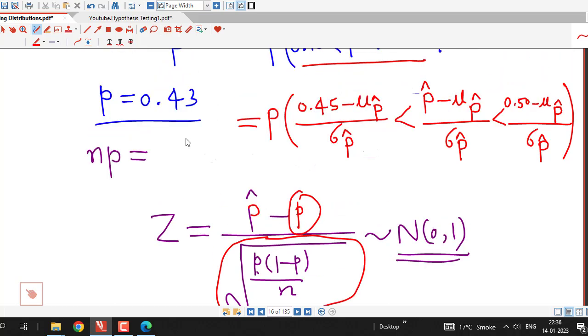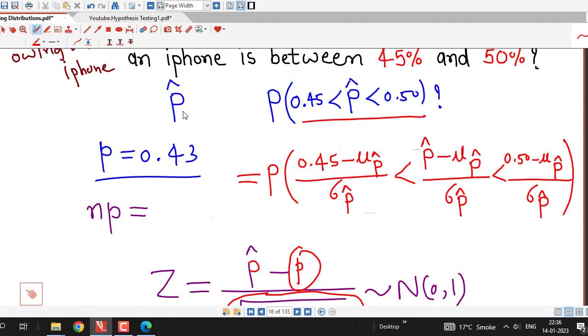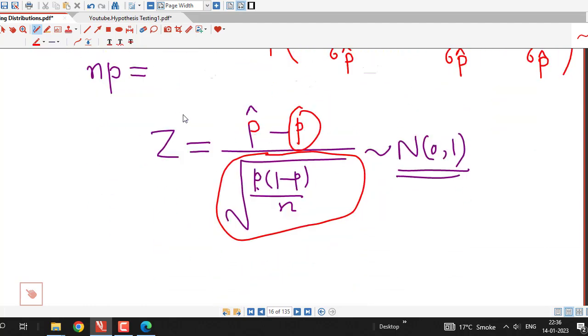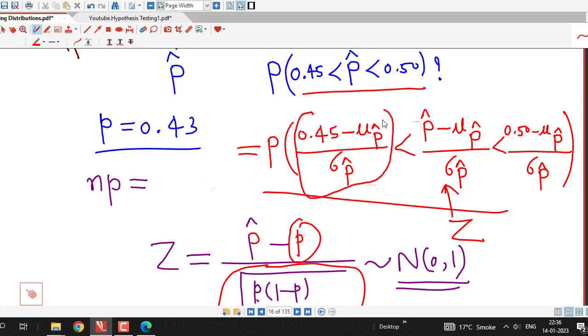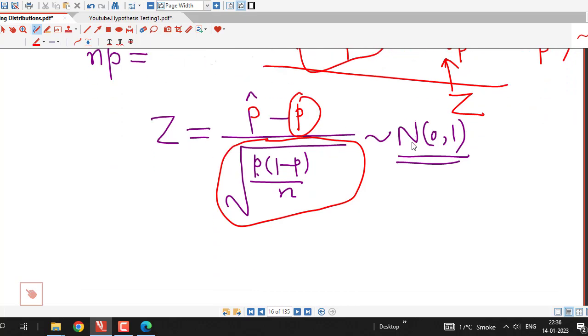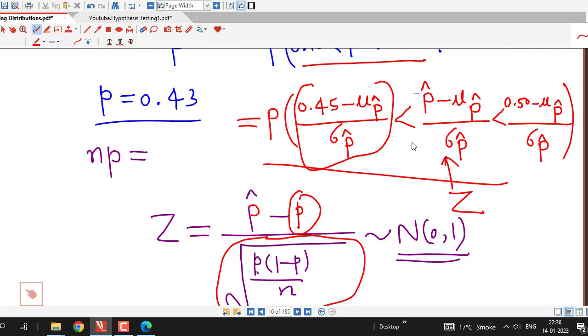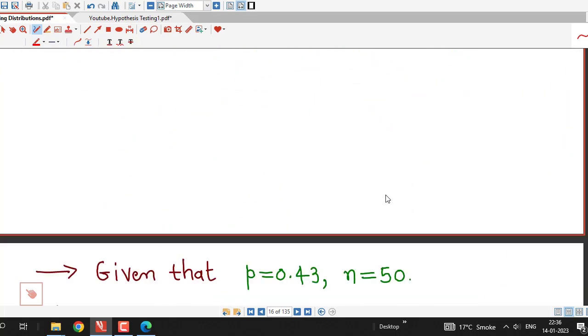We are given the values of small p, and n is 50. Using this we see that this is a standard normal random variable and all these quantities are constants, and using the standard normal table we are able to decide this probability.